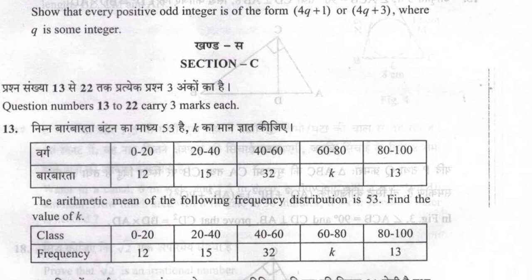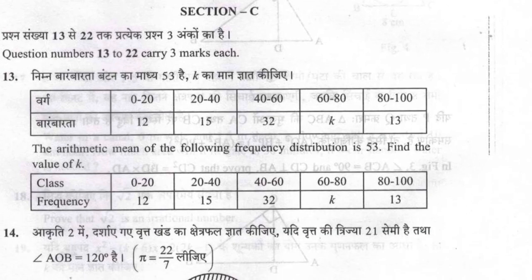So 13th question, in this we are given a frequency distribution table whose arithmetic mean is 53, and there is a missing frequency marked with K, and we have to find the value of K. We are given the class intervals and the frequencies.